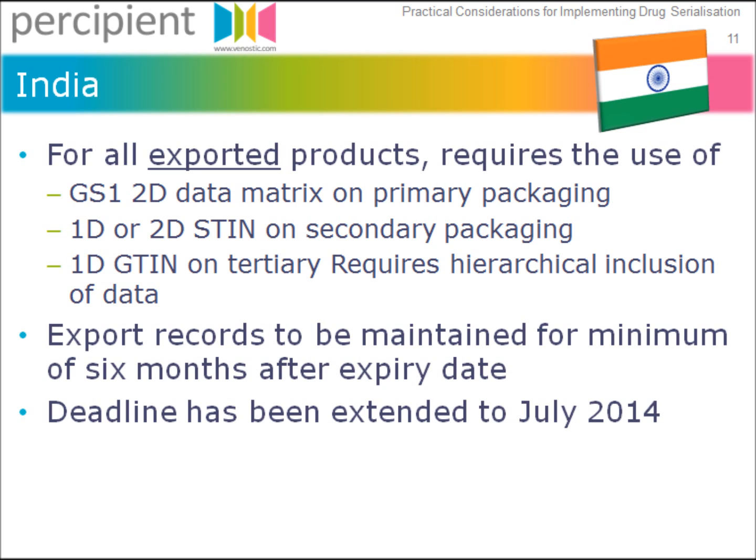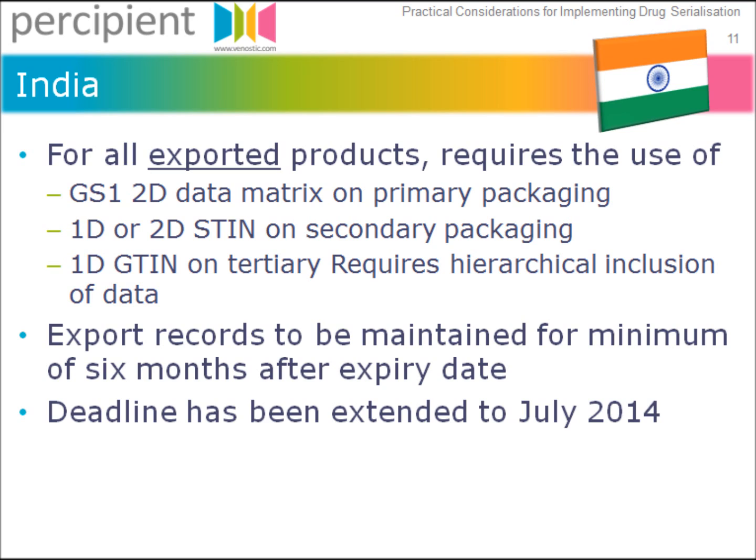In India, it's a slightly different situation. India is actually requiring serialisation on products that are not imported into the country, but exported from the country. So if you're not actually manufacturing in India, then this really isn't of concern to you. The reason the Indian government have addressed this is they've wanted to do something about the perception, or perhaps the reality, of drug counterfeiting coming out of the Indian market.